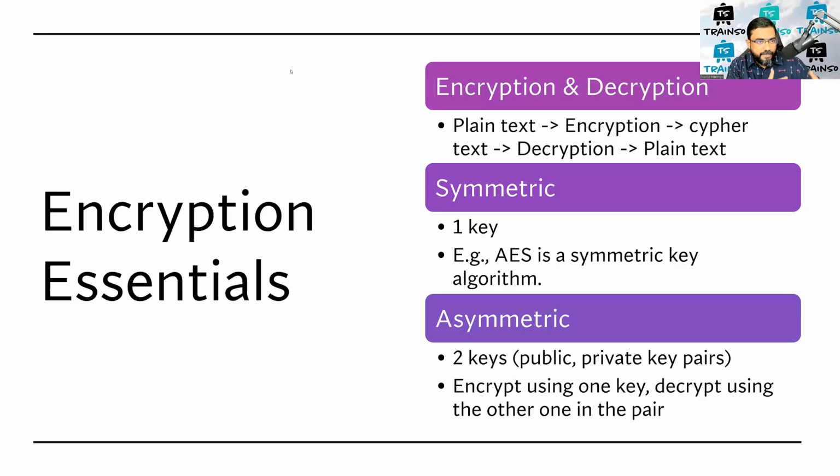The private key is something that they will hold with themselves, and the public key is something that we will share with the world or share with the other person. And with asymmetric encryption, you can encrypt using one key and you can decrypt using the other one in the pair. For example, if you are encrypting using the public key in a pair, you can decrypt using the private key in that pair.